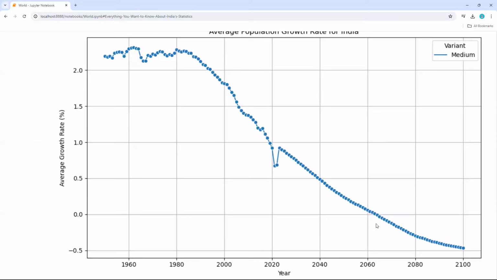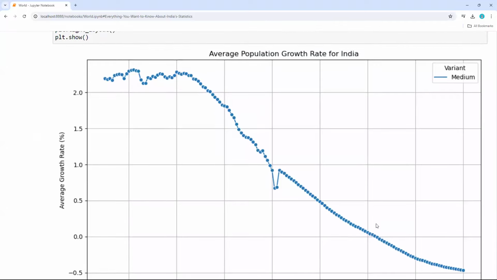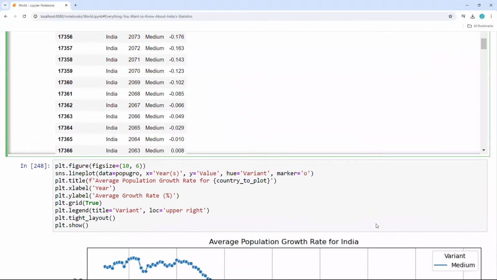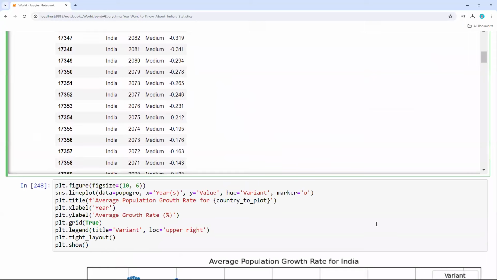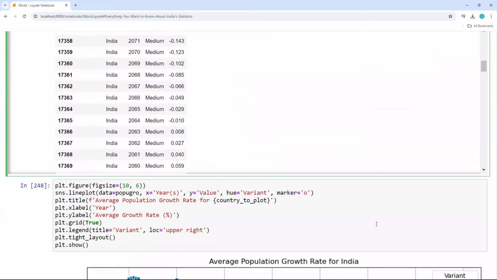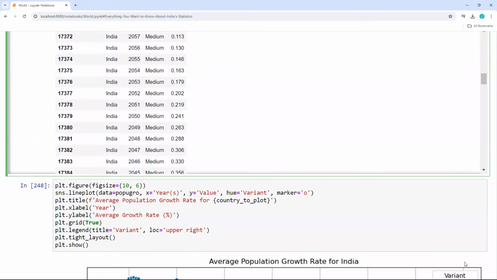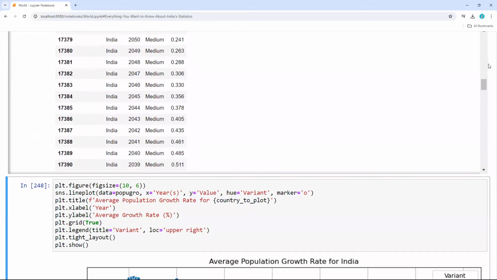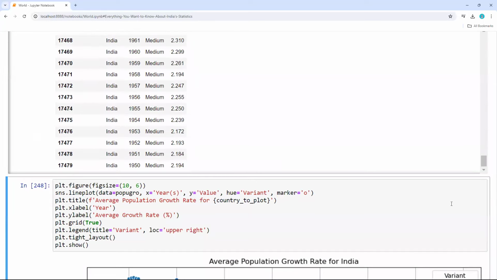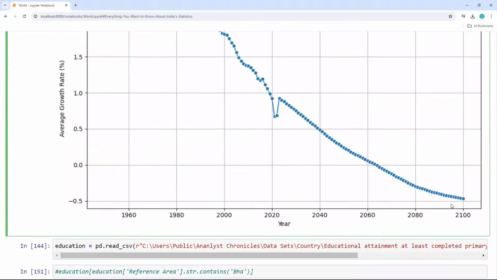The population growth has been decreasing very drastically. That is not a good sign actually. So this is how the population grows in India year on year. 2% is very high. That is how the population is.